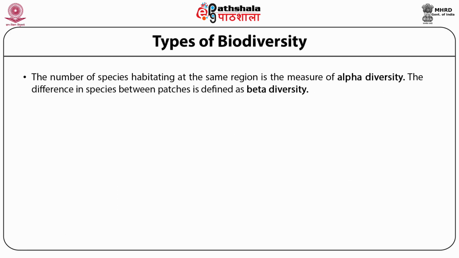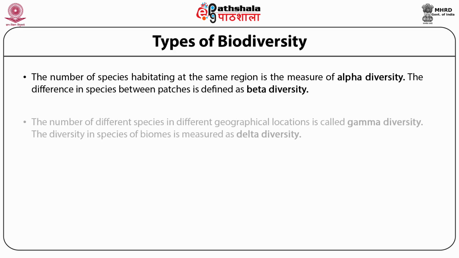The number of species inhabiting the same region is the measure of alpha diversity. The difference in species between patches is defined as beta diversity. The number of different species in different geographical locations is called gamma diversity.